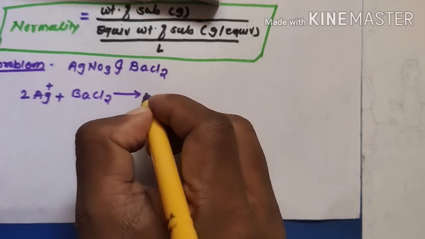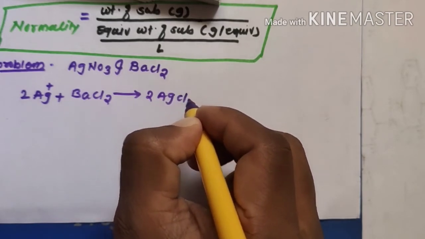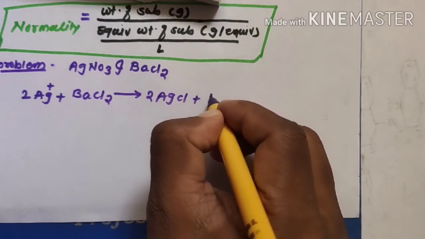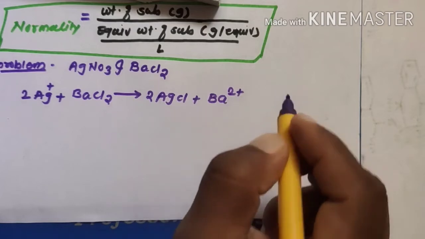It will give 2AgCl plus 2 mole of Ba2 plus ions.